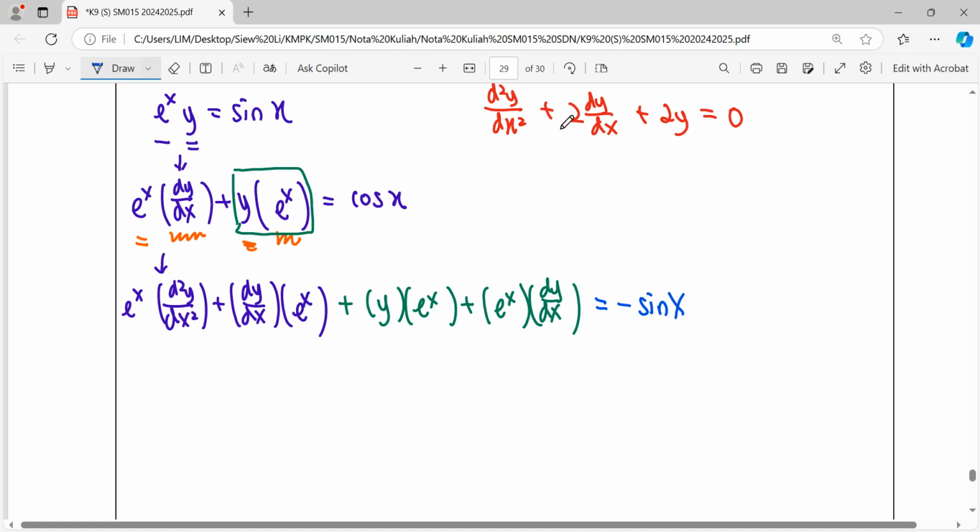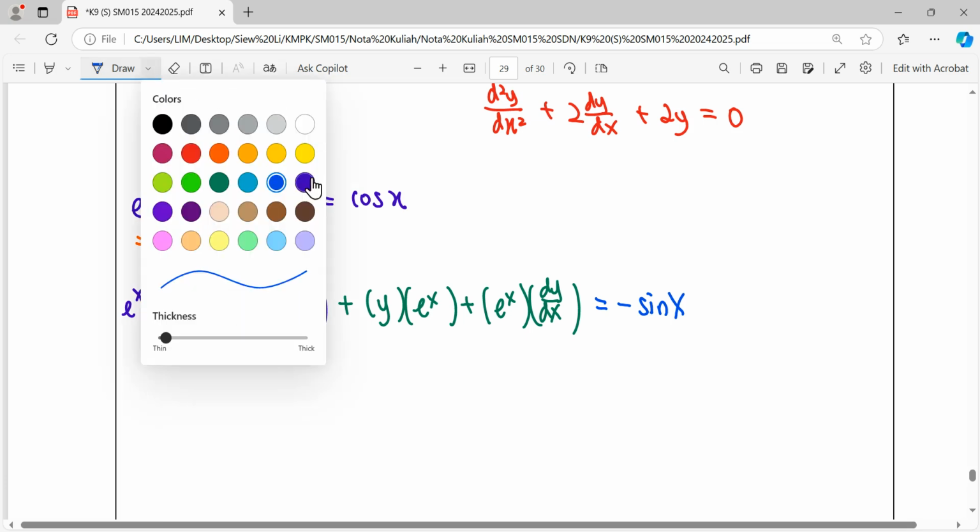Then we observe the equation we need to show here. We are going to modify until we get this equation to come out. First of all, you can see the equation we need to show is without e^x, and the right hand side is without a term here. First of all, we can move all the terms to the left hand side.